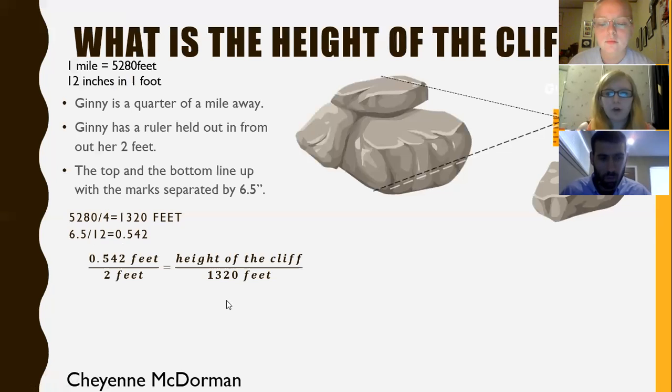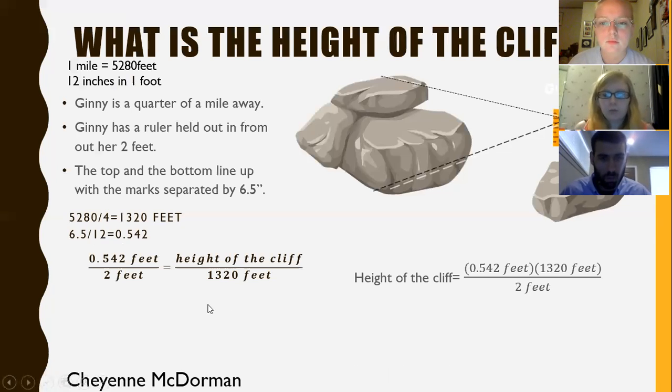When we put it into an equation, it'll look like 0.542 feet over 2 feet equals the height of the cliff over 1,320 feet. So when we multiply 1,320 feet to both sides, it'll leave us with the height of the cliff on the left equals 0.542 feet times 1,320 feet divided by 2.